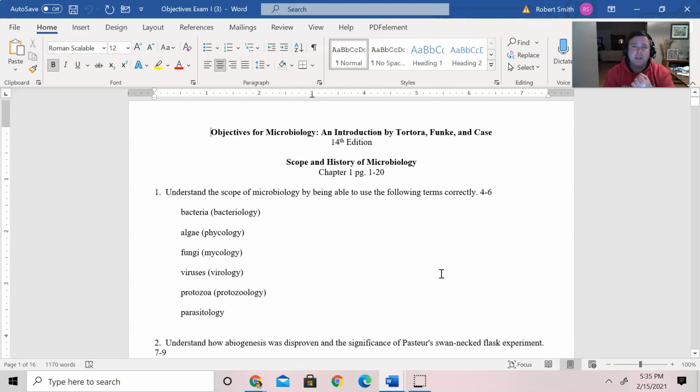So a couple of things again with the objectives. The objectives are what I make the PowerPoint from, and they're also what I base the exam questions off from. Some students will say things like, oh my gosh, even though there's a study guide and everything else, that test knocked me out.